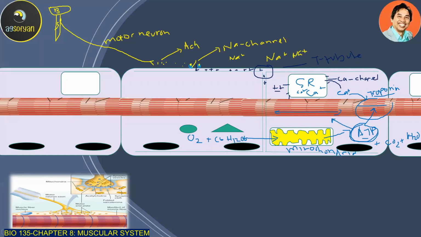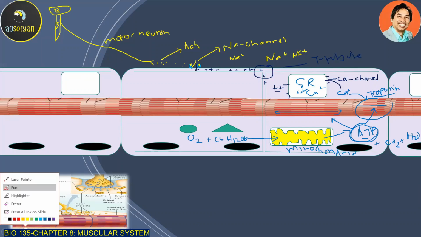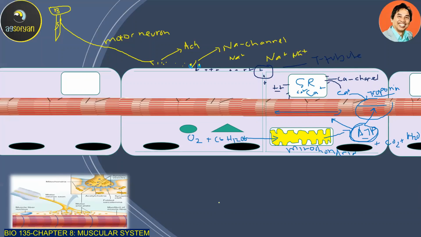Now we're gonna list the chemicals that are needed for this muscle contraction. We start with the neurotransmitter that is released by the motor neuron. It's called acetylcholine. Okay? Then the acetylcholine will bind to the receptor and open the sodium channel.